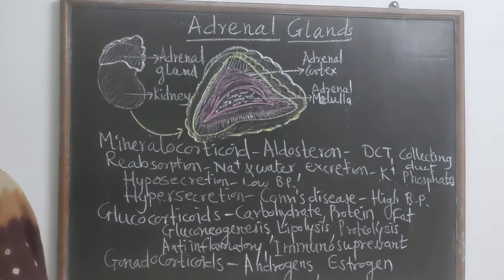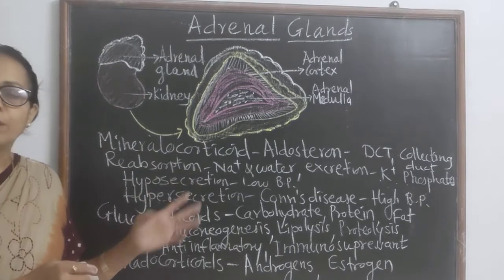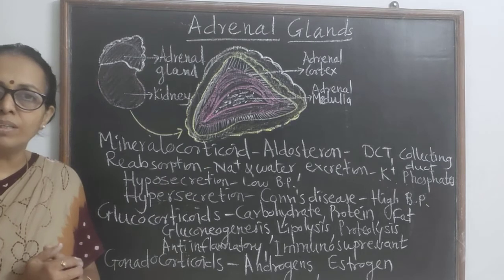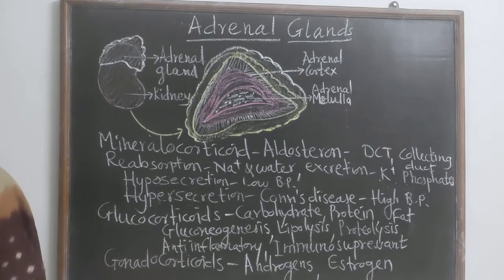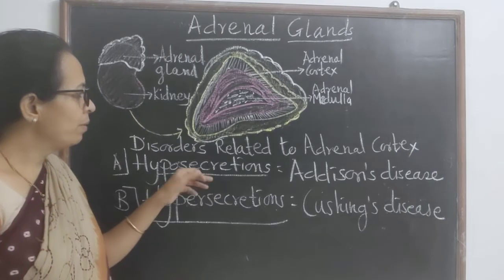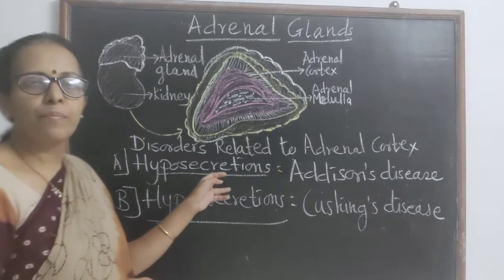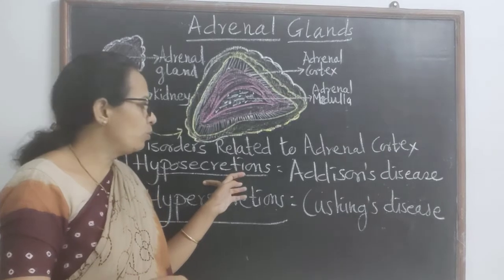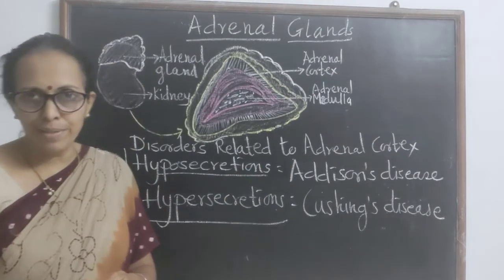So we will see what the abnormal conditions related to the secretions of these adrenal hormones are. Followed by that, we will see what disorders are related to abnormal secretions of the adrenal cortex.